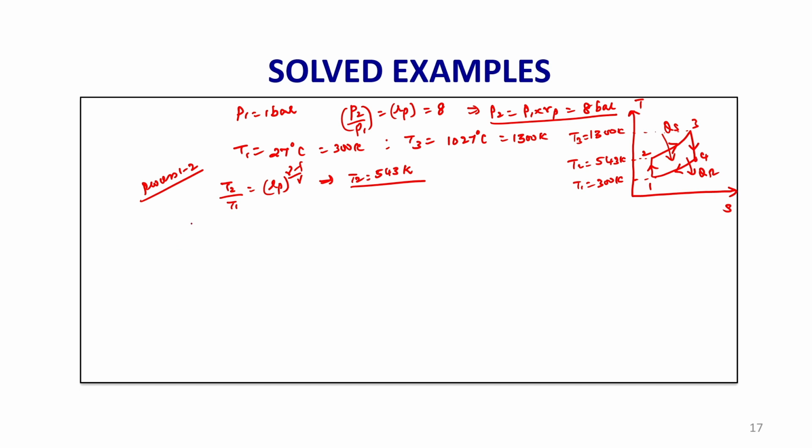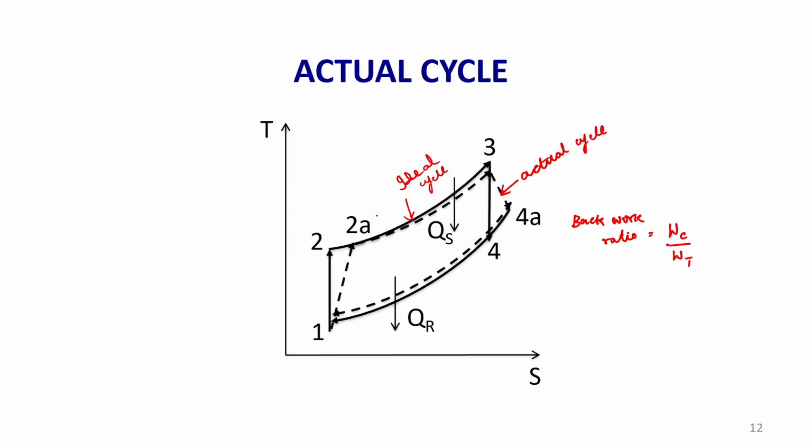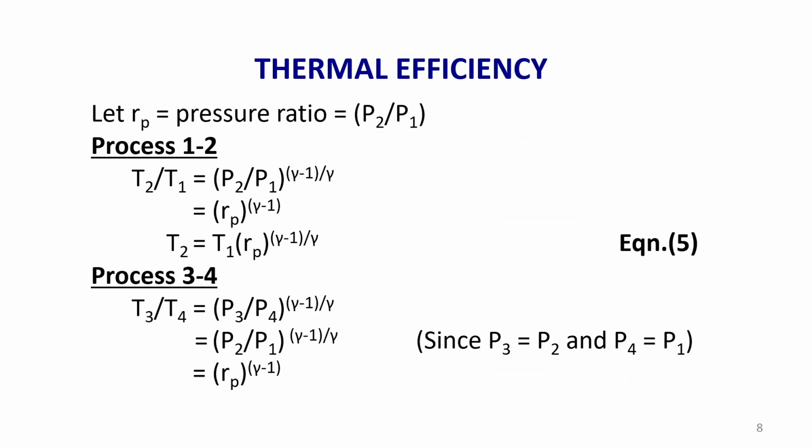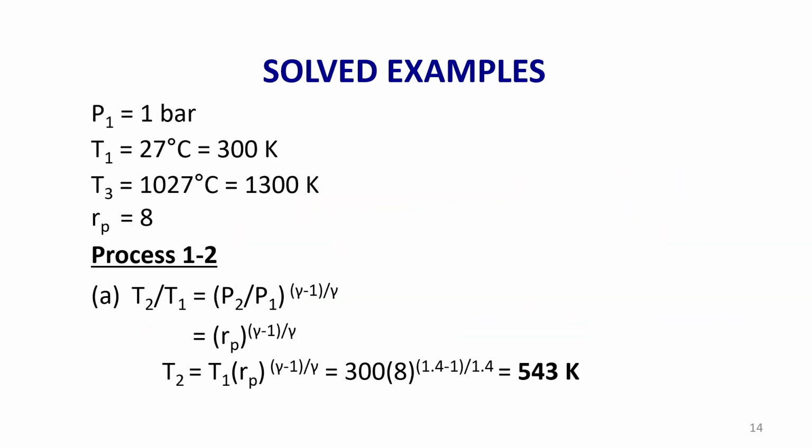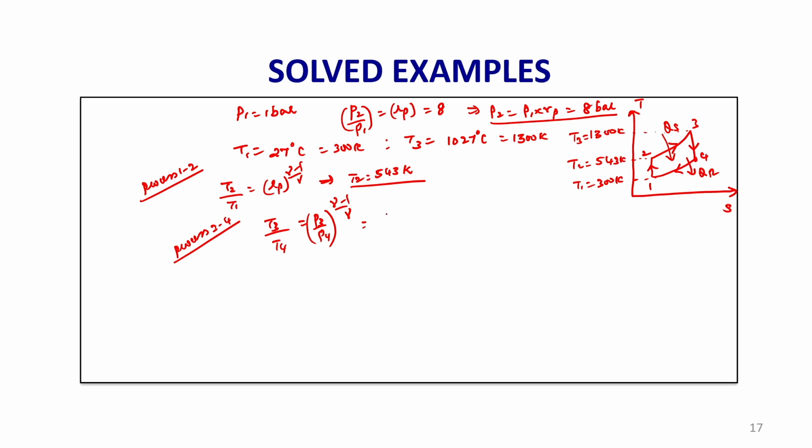For that consider the process 3 to 4. Similarly, use the same equation which we used for the derivation: T3 by T4 is equal to P3 by P4 whole power gamma minus 1 by gamma. Replace P3 by P2, because 2 to 3 is a constant pressure process, so pressure at 3 is equal to pressure at 2.